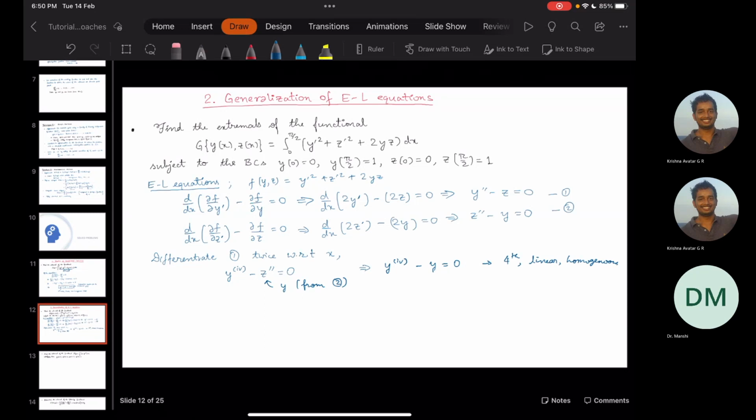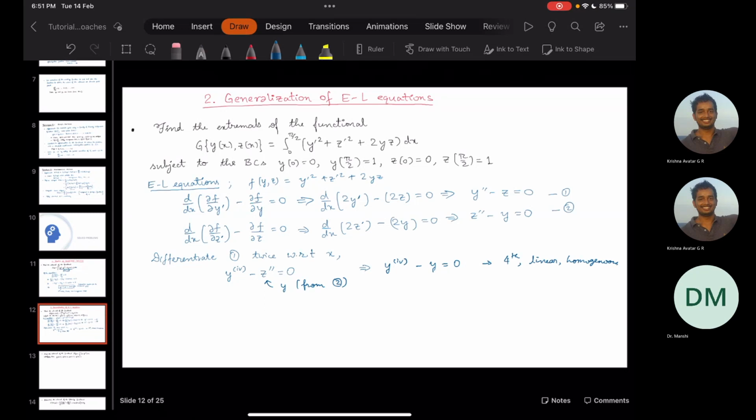I won't solve this in detail, because anyone who attended the first tutorial session will already know how to solve it, since we discussed solving the fourth order linear homogeneous ODE in greater detail.